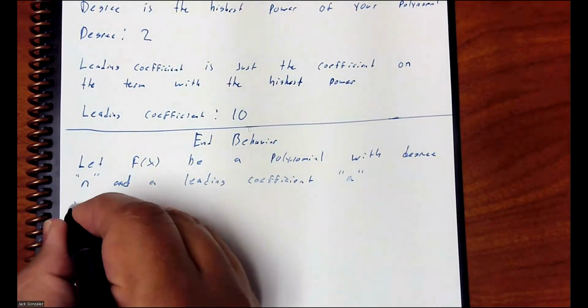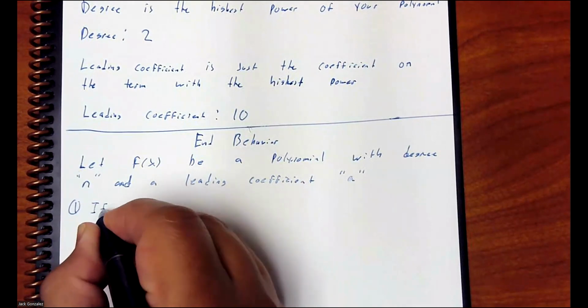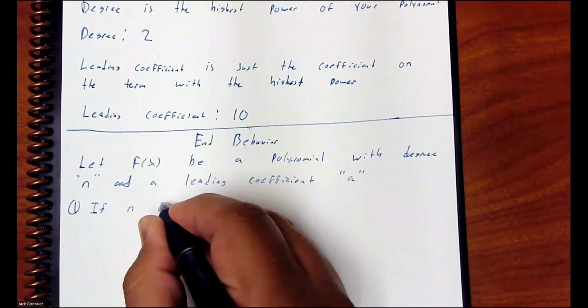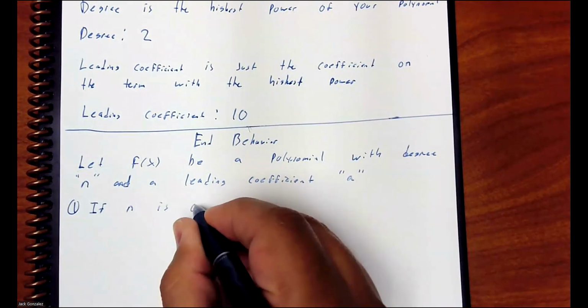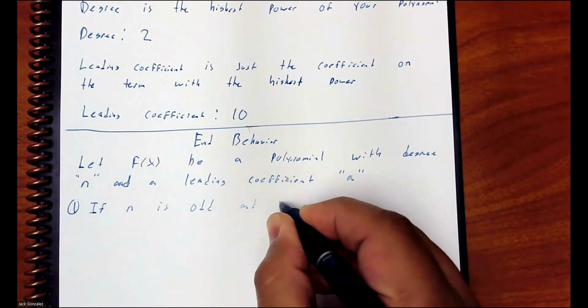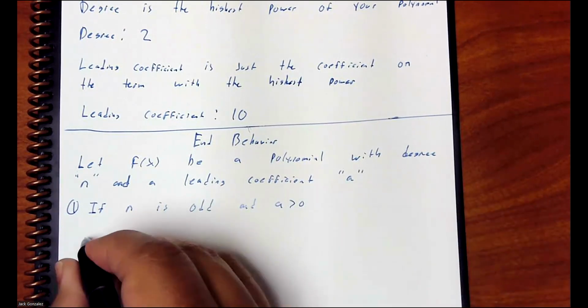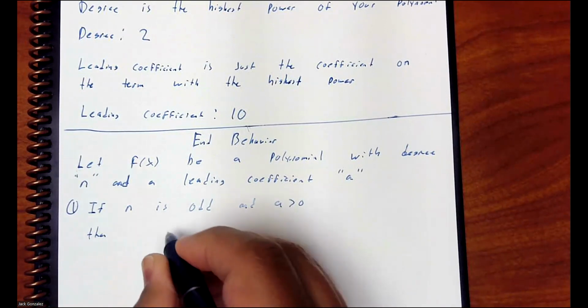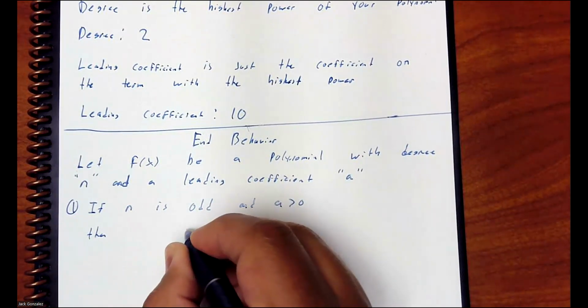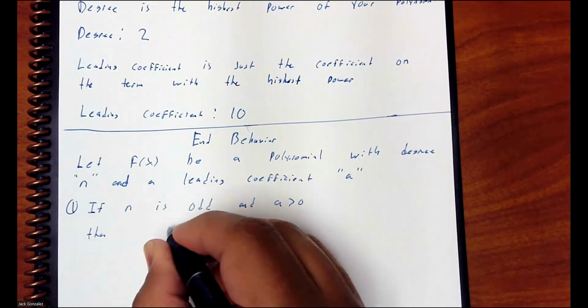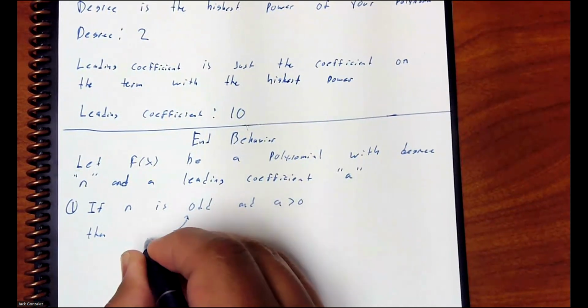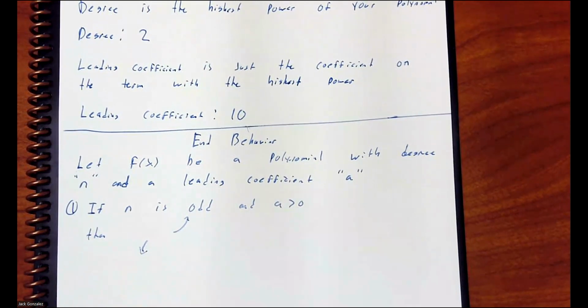So number one, if n is odd and a is positive, then you have this kind of end behavior. I don't know what happens in the middle, but at the ends of the function, you'll have that kind of shape.